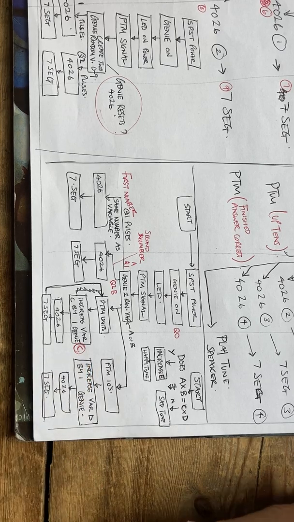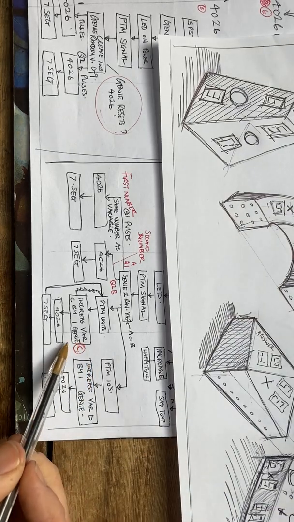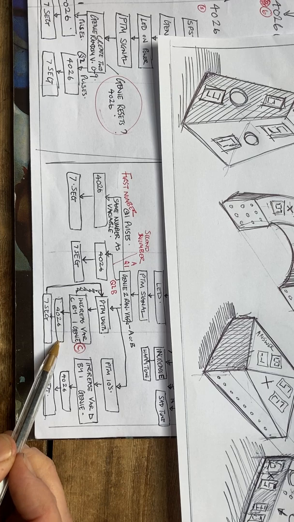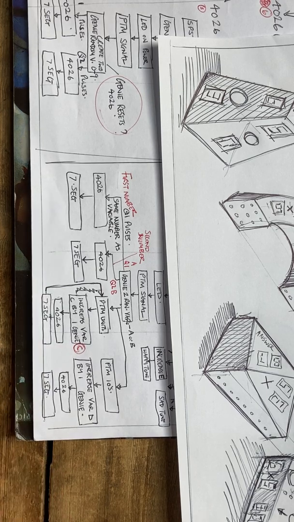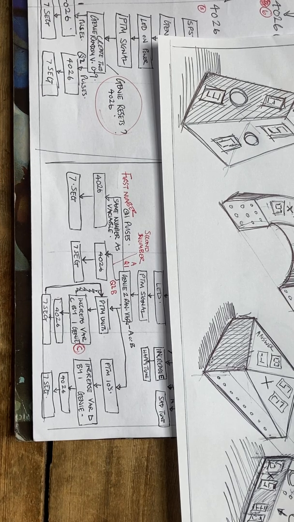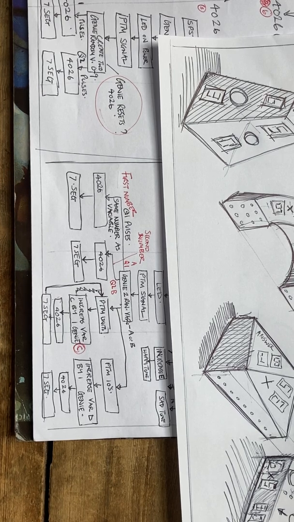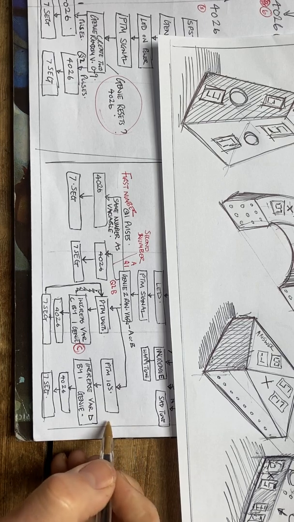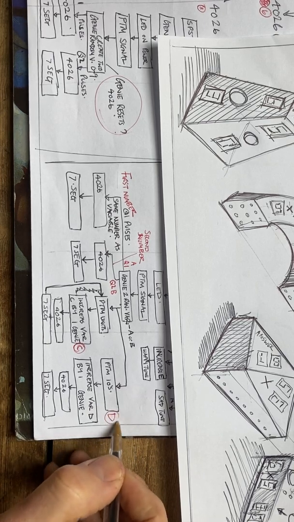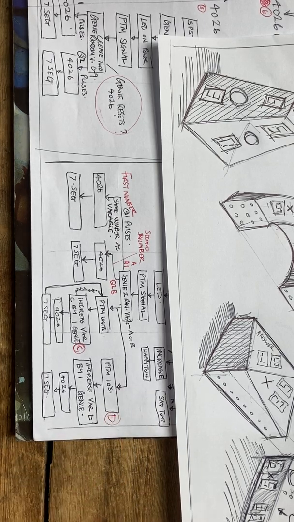And that in turn will pulse and show on the 4026 the number. So every time you press it, the 4026 moves up by 1 number. And then if you go all the way around, it will go from 9 to 0 to 1. And that's how a 4026 works. Every time it receives a pulse, it moves up by 1 increment. And exactly the same would be happening over here, which is D. So we can sort of understand how it's all working now.